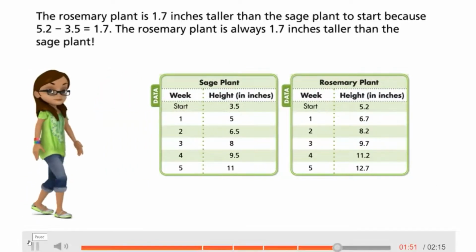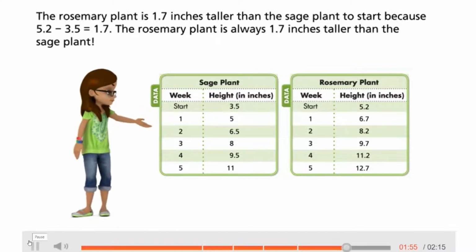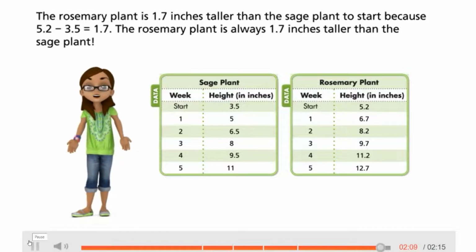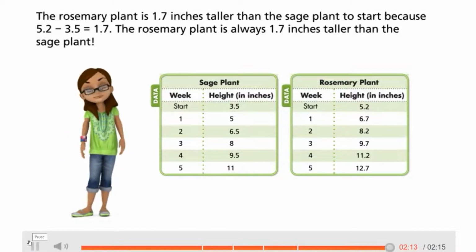The rosemary plant is 1 7/10 inches taller than the sage plant to start, because 5 2/10 minus 3 5/10 equals 1 7/10. The rosemary plant is always 1 7/10 inches taller than the sage plant. Now you know how you can solve problems involving numerical patterns.